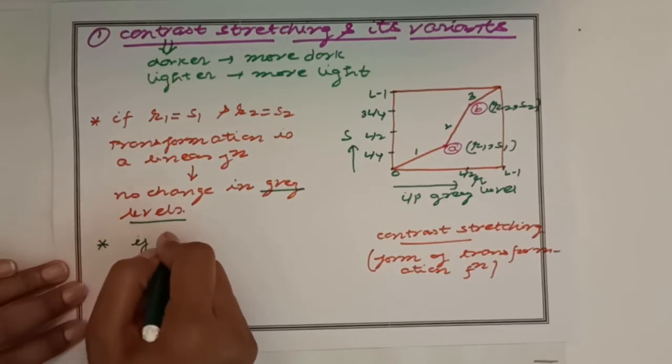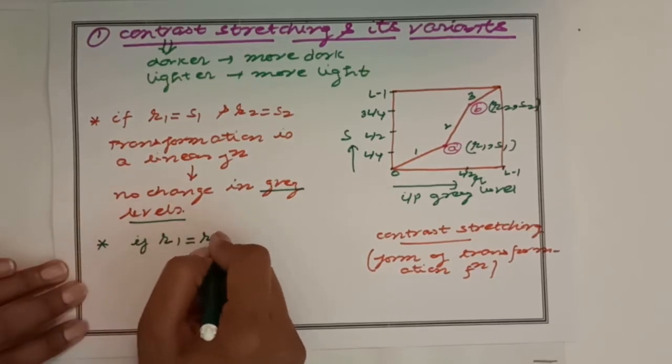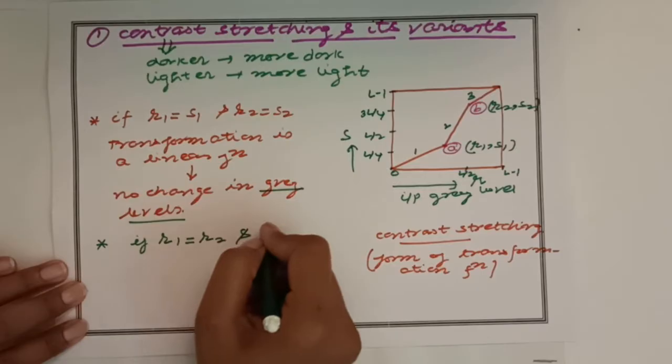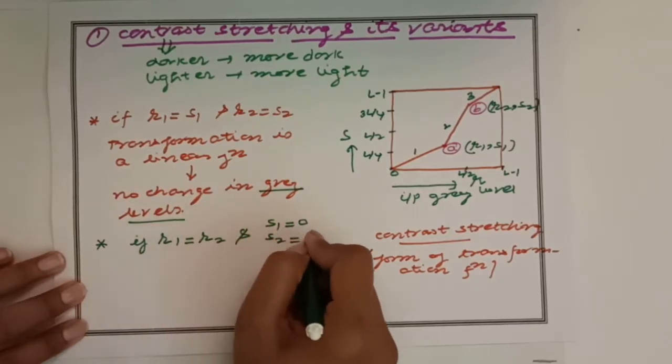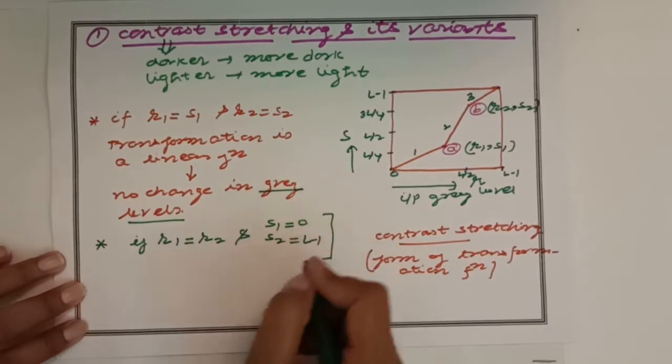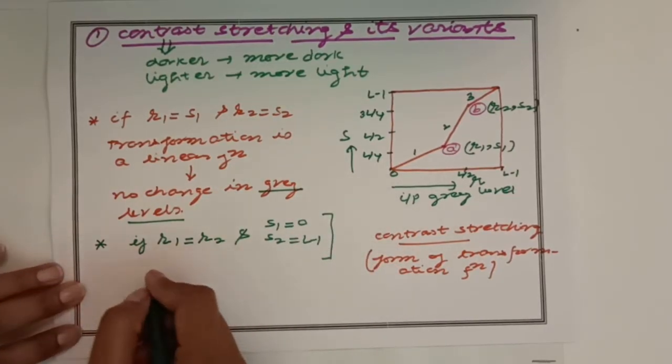Second case, if r1 is equal to r2 and s1 is 0, s2 is L-1.